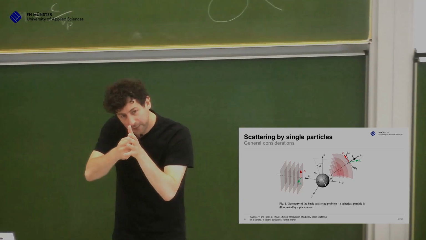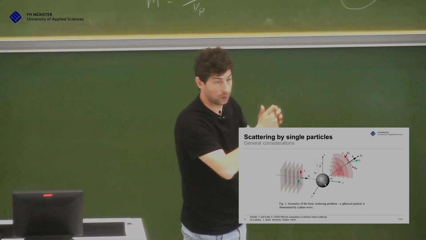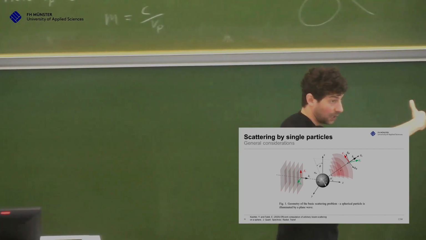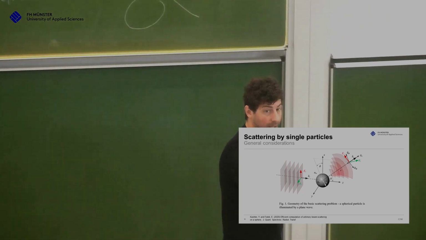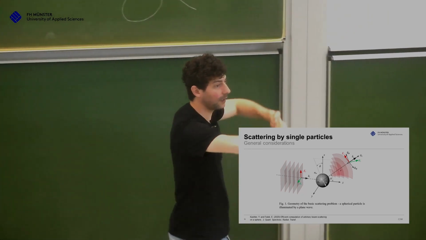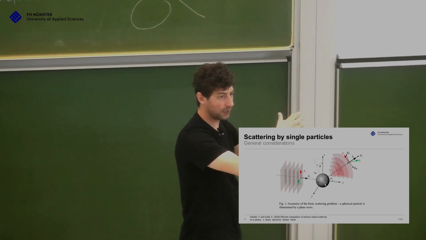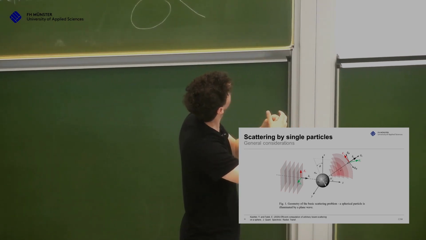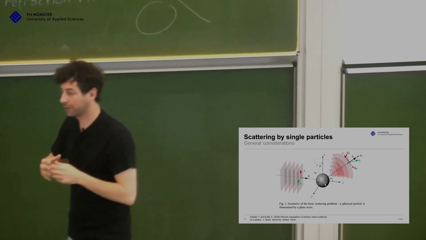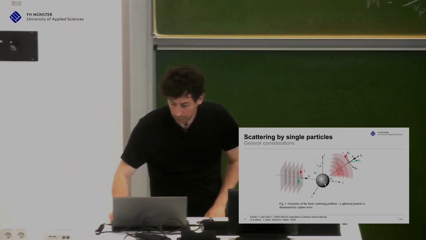Now the wave, when we talk in terms of scattering, is no longer a planar wave. The shape of the wave changes, and this is re-irradiated by the particle. So we have an incoming wave, which is planar, and then it hits a particle, interacts with the particle, and then you have a spherical wave with a point source, and the particle is the point source going out.